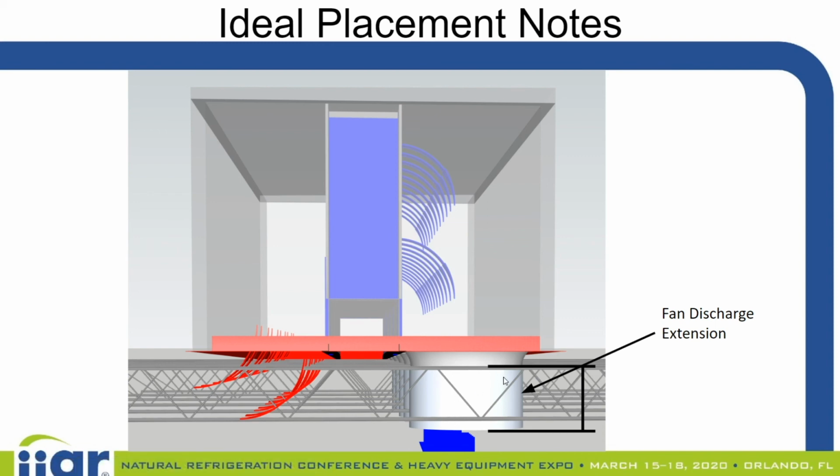Because we specified the correct joist space and no obstructions, it enables us to get this fan discharge extension in there and provide better separation and better throw toward the floor.